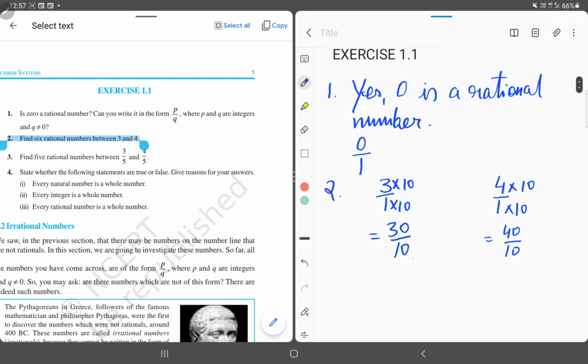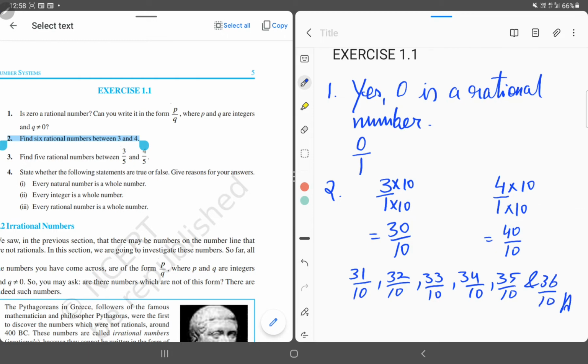So how can we write 6 rational numbers between them? 31 upon 10, 32 upon 10, 33 upon 10, 34 upon 10, 35 upon 10 and 36 upon 10. So this is the answer of question 2.